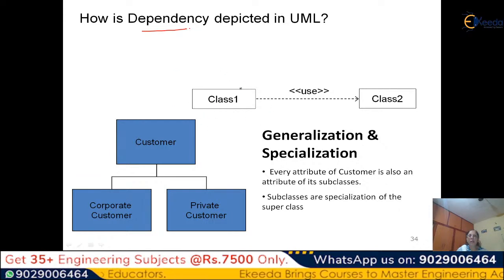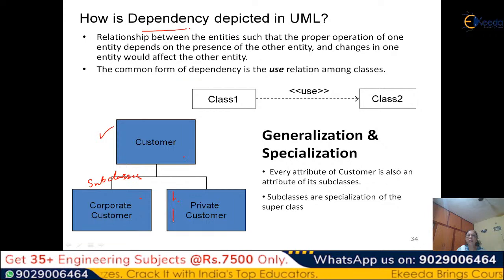So either we will show that class 1 is using the other class, or we will show it as generalization and specialization. That means this is the superclass and these are the subclasses. So here your relation will be a kind of inheritance. So if you have a customer, then you can have a corporate customer, you can have other private customers.